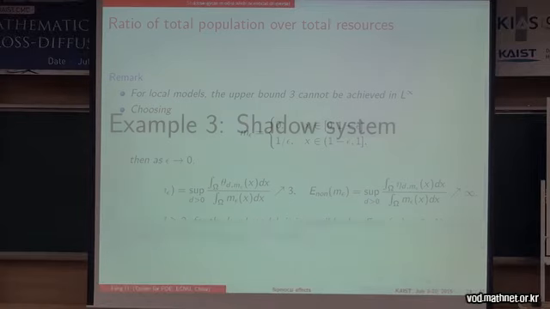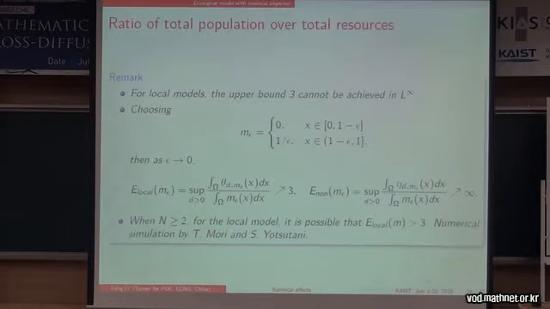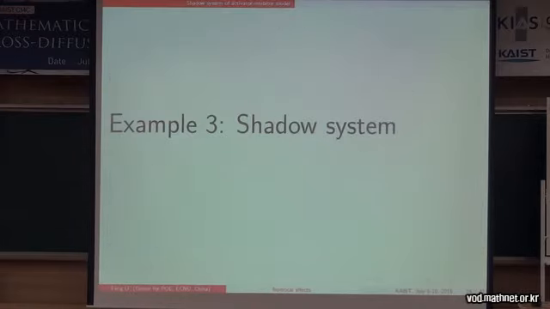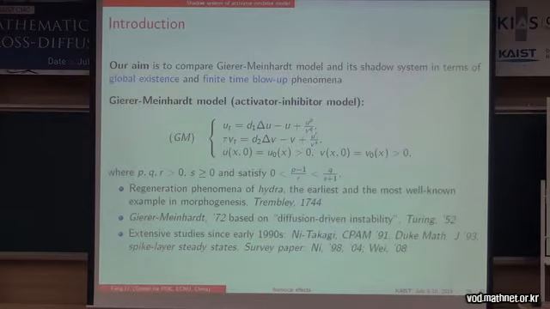Okay, so now we see something different in the quantitative properties between local and non-local models. The last model is quite different. It's an activator-inhibitor model, the so-called Gierer-Meinhardt model, a famous model which describes the regeneration phenomena of hydra.